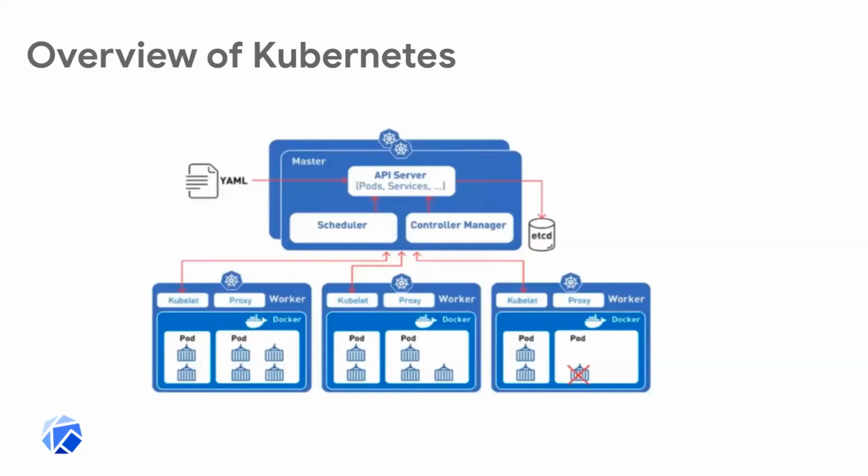Now, on the worker side, on the other servers, we have different packages, such as the kubelet. The kubelet is in essence the software agent that we use to communicate with the master. There's also the concept of the proxy, which is pretty much what we need for network management between the worker and the master.